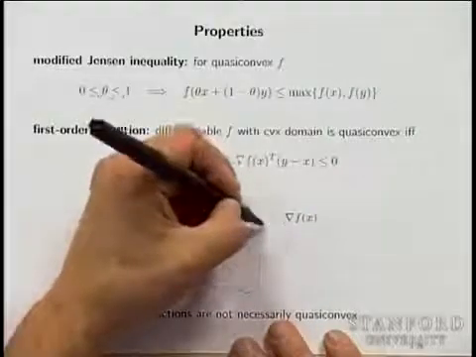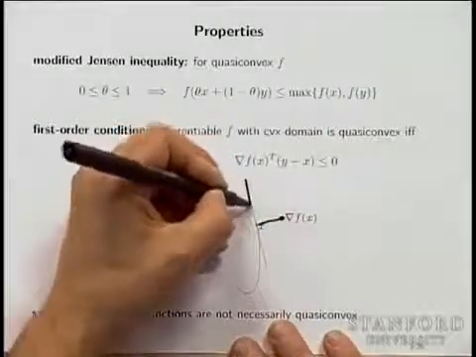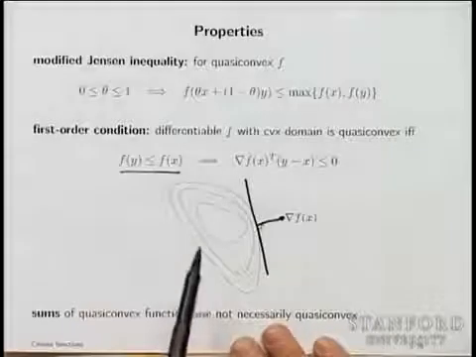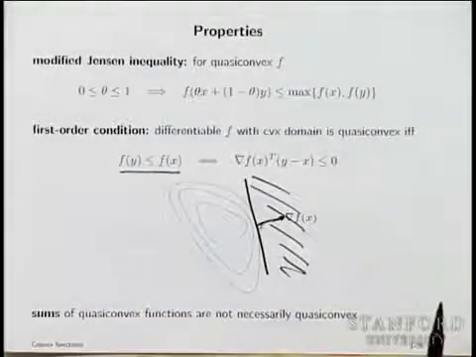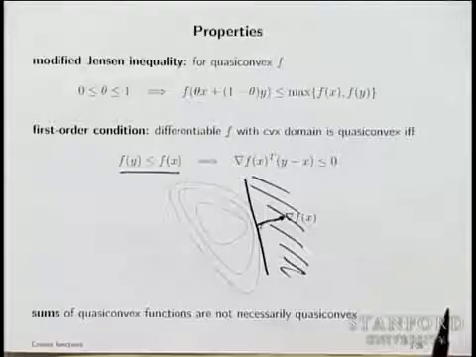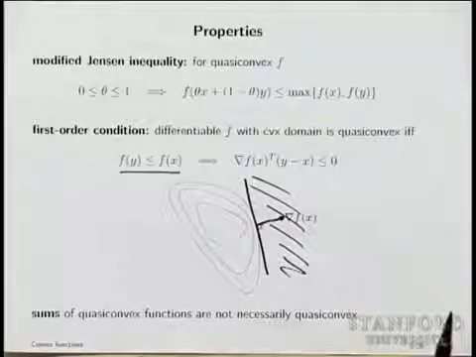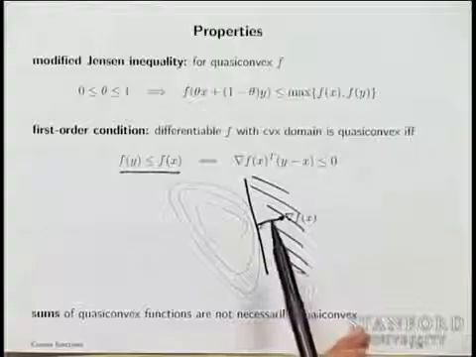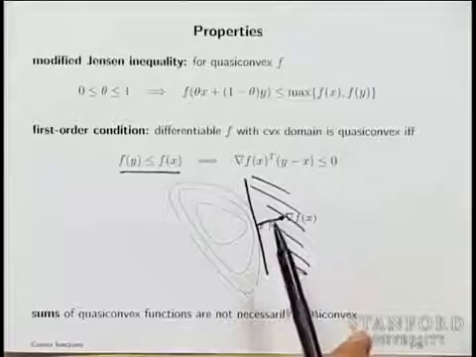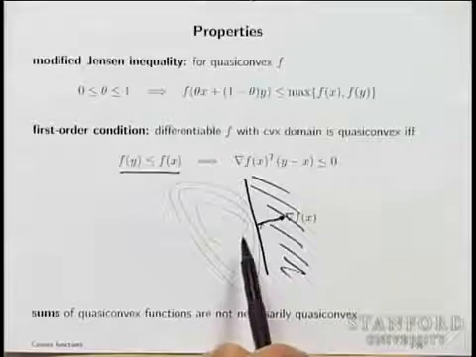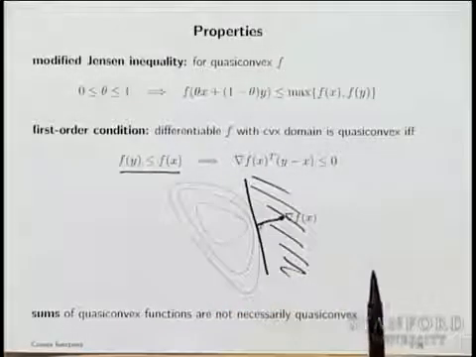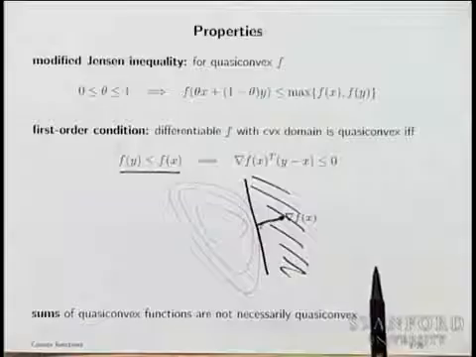If you take the gradient like this and form a half space, everything over here has a higher or equal value of f. Another way to say it: for a quasi-convex function, every point that's better lies on this side of this thing, period.